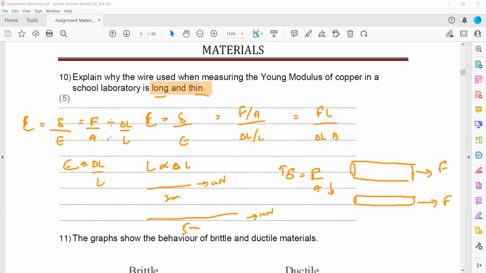When we change this division into multiplication, we take the inverse. So it will be L divided by delta L. So it will be equal to F L divided by A delta L. Stress divided by strain: this is stress, this is strain. When we change division to multiplication, we take an inverse, and then we simply multiply them. So it will be F L over A delta L.